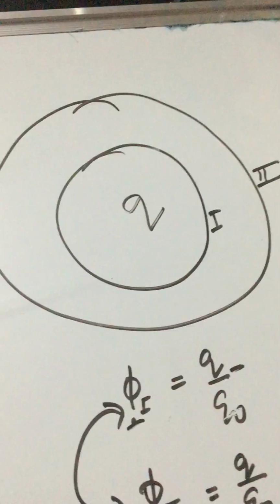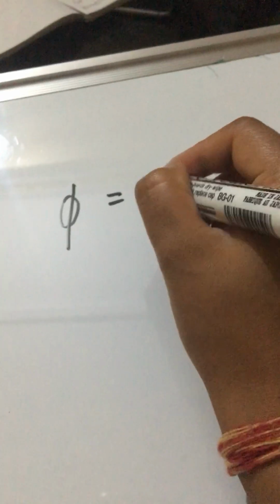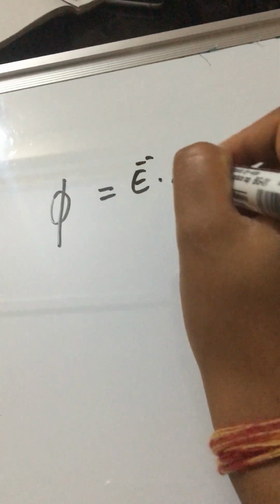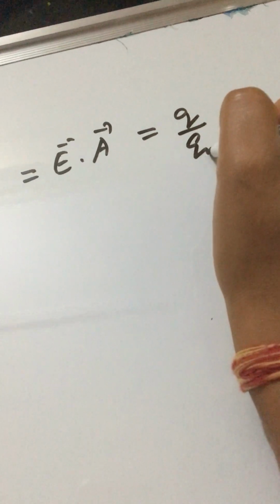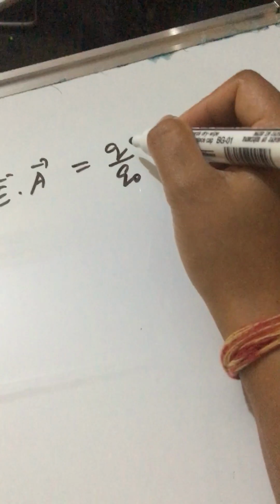Now this particular property of Gauss theorem has made the finding of electric field very easy. For example, we know that the flux is equal to E dot A, and in terms of charge, it is the charge enclosed. See, this Q is the charge enclosed.